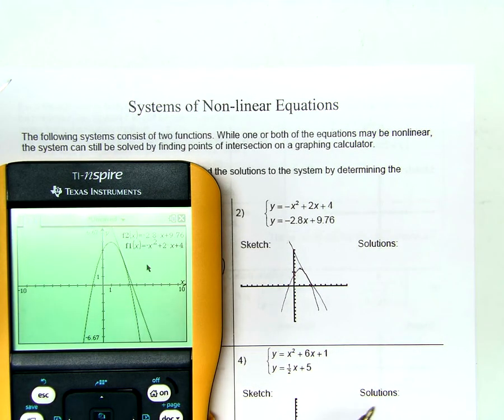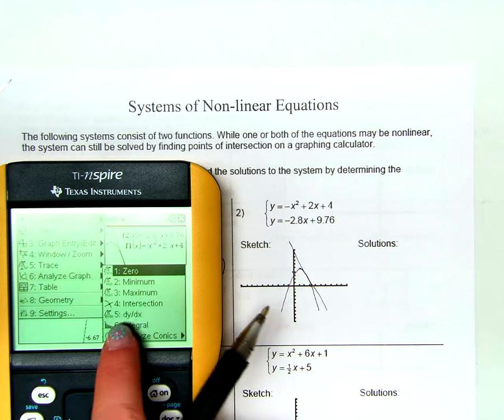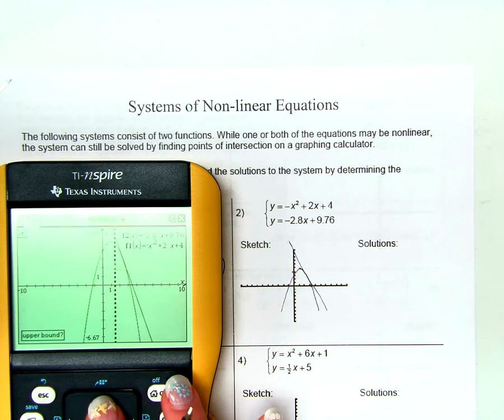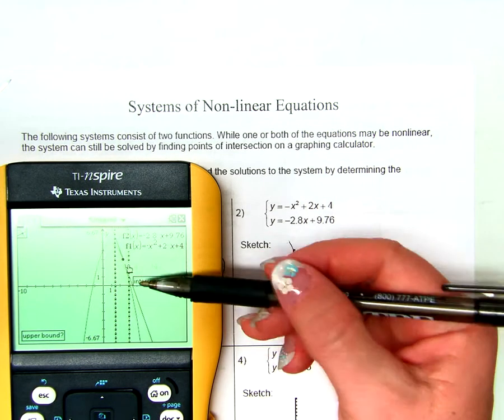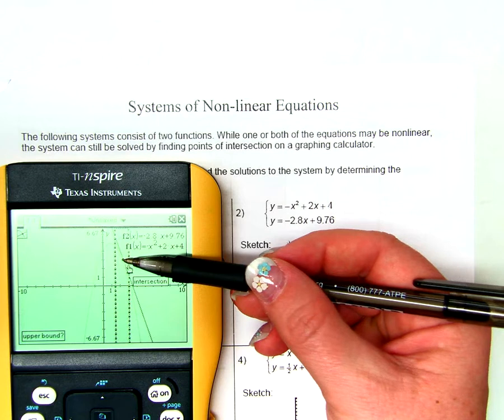But let's just go ahead and do Menu and analyze our graph. Intersection is 4. Our lower bound is here. Our upper bound. Notice when I scoot my upper bound, I haven't pressed Enter yet, but a point has appeared right there.